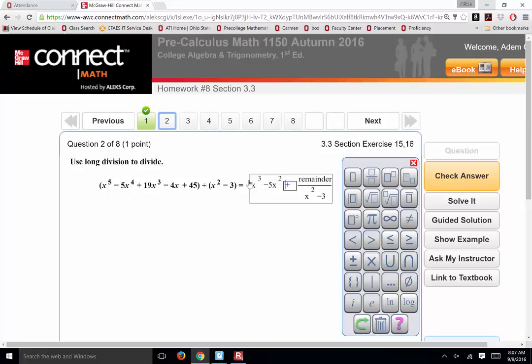Positive 22x, minus 15. Okay. That's it. Remainder was 62x.